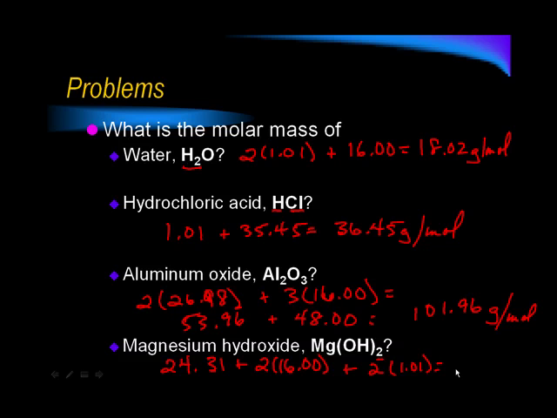So you add those numbers up, which is what I'm doing now too with my calculator that you should have also. And I get 58.33 grams per mole for that answer. Each one of these is rounded to the proper number of significant figures.